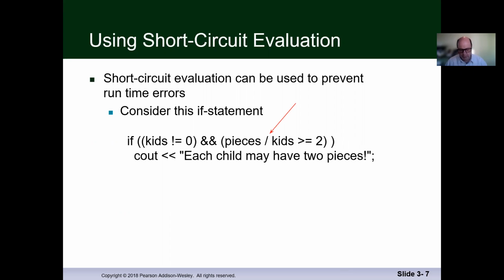So we have to be careful with these things. One of the common problems in runtime errors is a division by 0. In this case, if the number of kids is not 2, then we're going to have a problem.